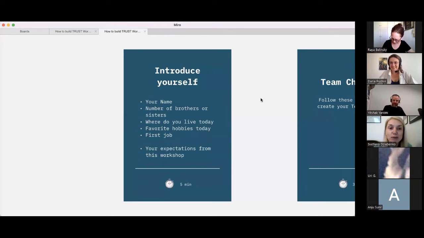I'm Svetlana Tsubenko. I have one sister. I'm from Ukraine, from Odessa, but now, because of the war in Ukraine, I live in Bergamo, in Italy. My expectation from this meeting is to take from you exercises for building trust in teams.